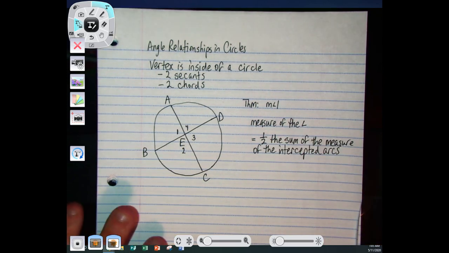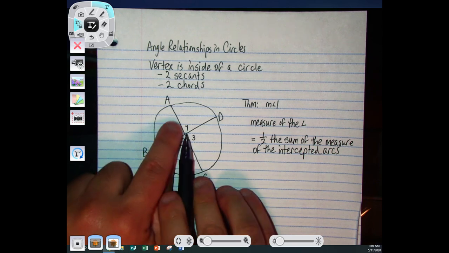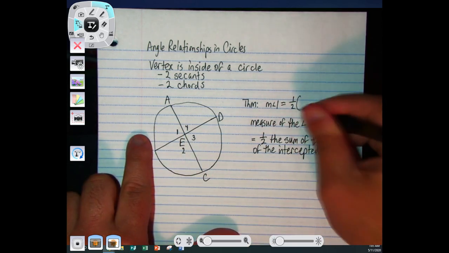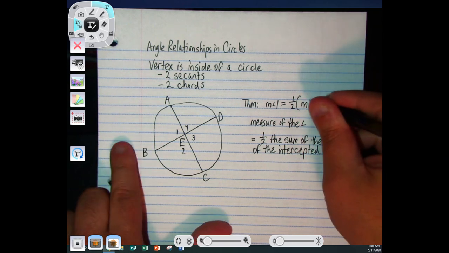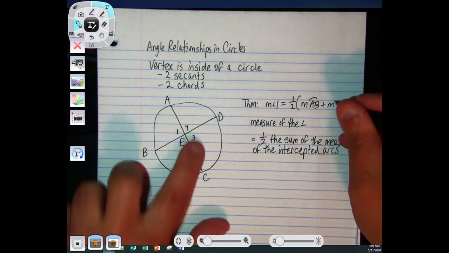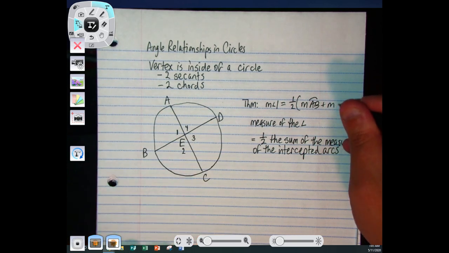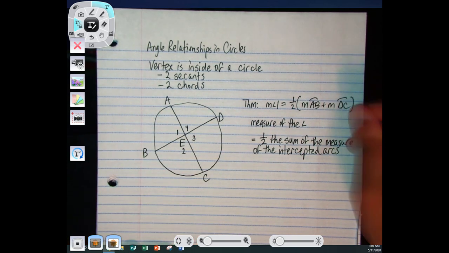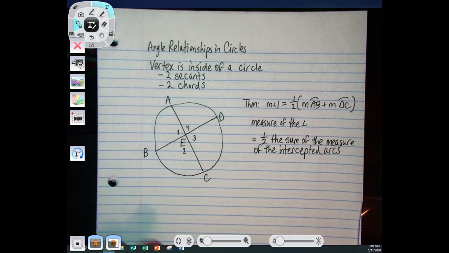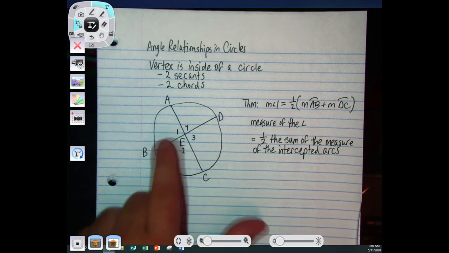So we can say that angle 1 in this case is equal to half the measure of arc AB plus the measure of arc DC. So we would add those arcs together, take half of it, and that would give us the measure of this angle.